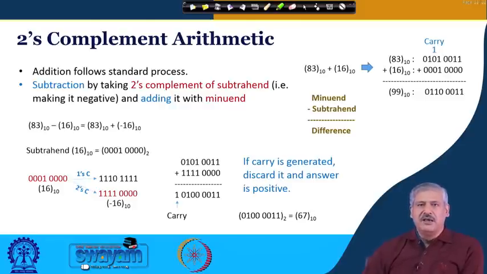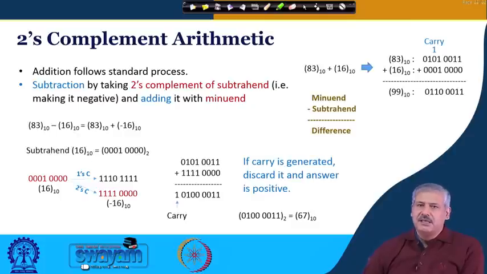So, basically subtraction here also becomes an addition process. So, an adder circuit can perform both the job of addition as well as subtraction. For that, when we are talking about subtraction, we have to represent the number in 2's complement form to make a negative number out of it.